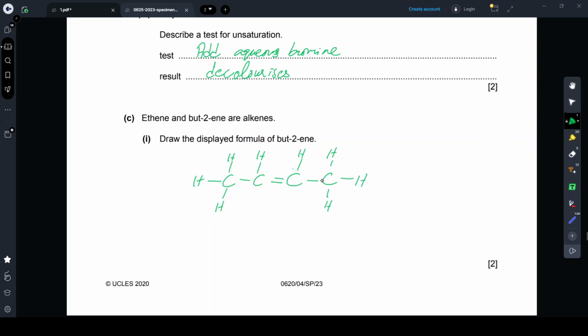And so right now, because this is even, you number it from either end and you're getting the double bond at carbon number 2, right? So obviously, as I explained to you guys during class, your numbering should be from the shortest end for the double bond or for the functional group. And so this is but.